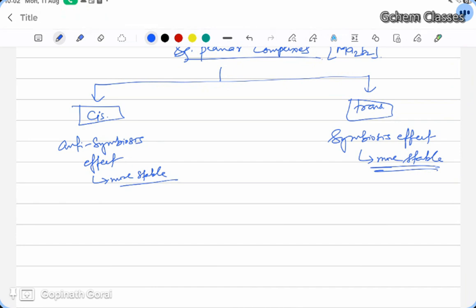And how to find? You just have to find the hard and soft interaction. So if you have hard-hard or soft-soft interaction, it will show symbiosis effect. If it shows hard-soft interaction, it will be anti-symbiosis. That point is not going to change. But here, the cis form will have anti-symbiosis effect as the more stable, and the trans form will have symbiosis effect as the more stable form, right? So how to find it out?